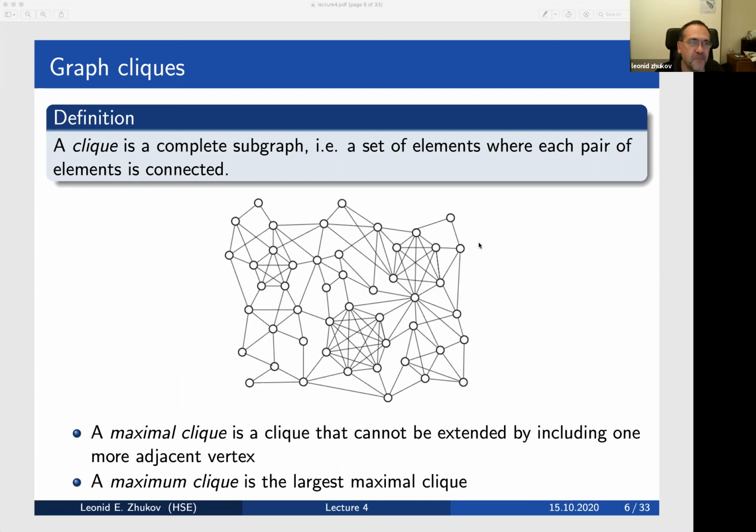So now there is a different algorithm and a different goal. If you look at this picture, you can probably notice some groups of nodes that are very well connected, right?